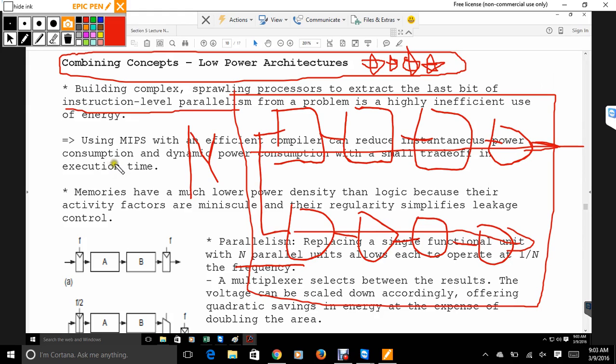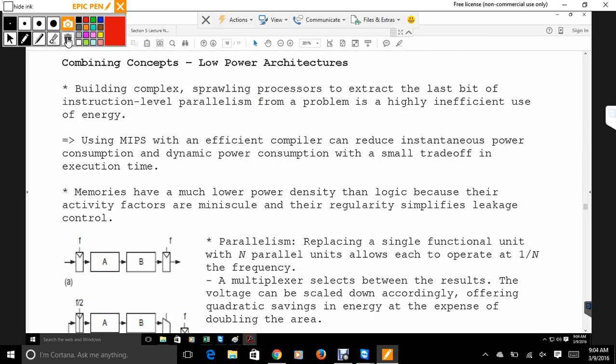Let me ask you this question: if you have multiple devices running multiple instructions and you're increasing your throughput, what could you potentially do to reduce power? Since you've got increased throughput through multiple parallel data paths.